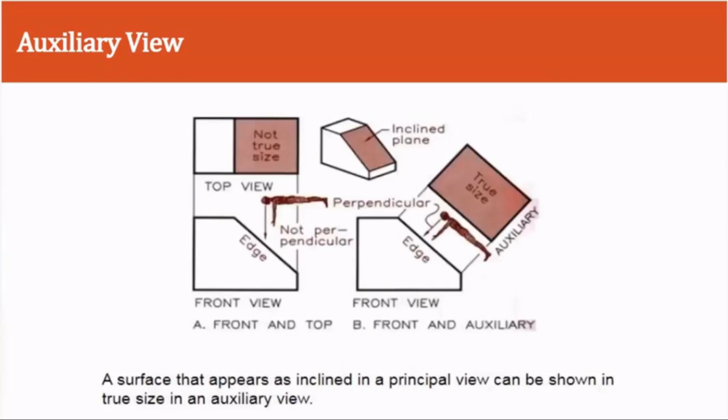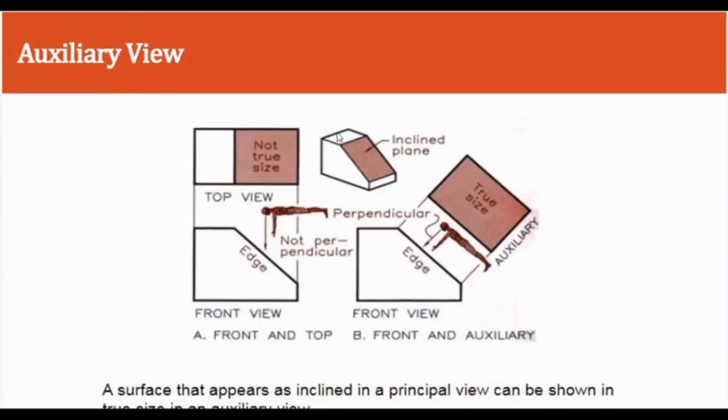So as you can see, this is an example wherein a surface appears as inclined in a principal view and, as shown, the true size in the auxiliary view. Mapapansin nyo yung ating figure here which is a block with an inclined plane. Ito yung tatlong figures natin: we have the top view, the front view, and another front view.